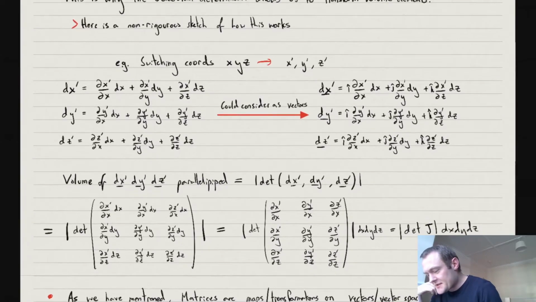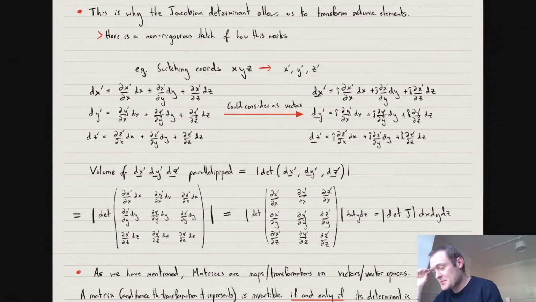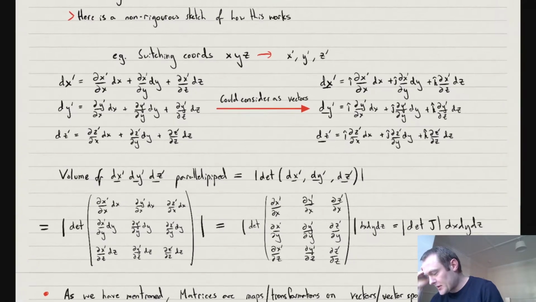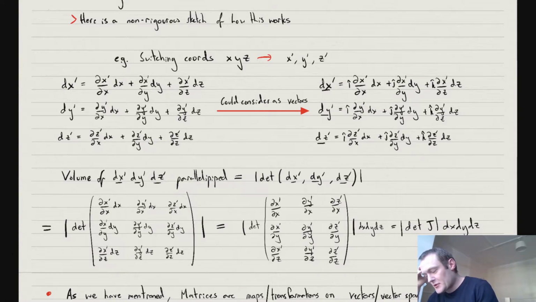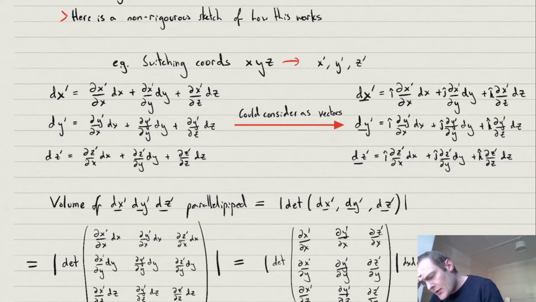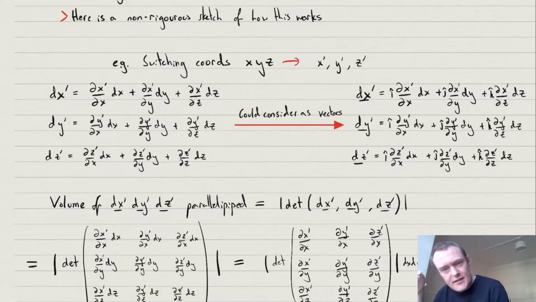I'm not going to give you a rigorous description of this, but a non-rigorous little sketch might go as follows. So if we were switching from x, y, and z coordinates to x prime, y prime, z prime, then our little dx's may transform like this, and I guess we can think of these as vectors in their own right.